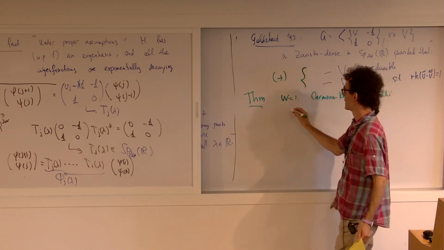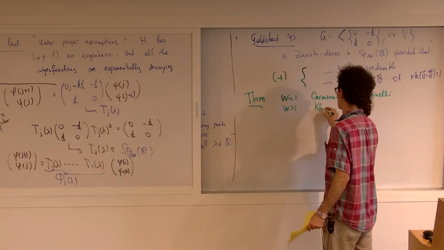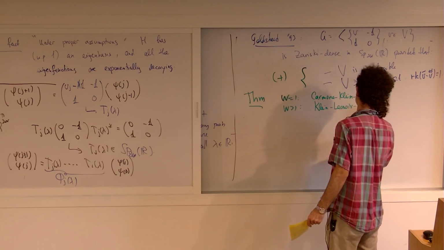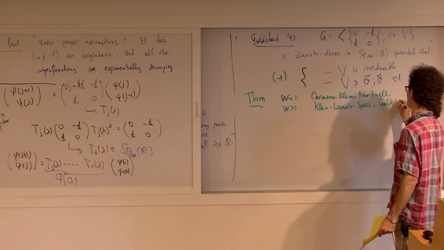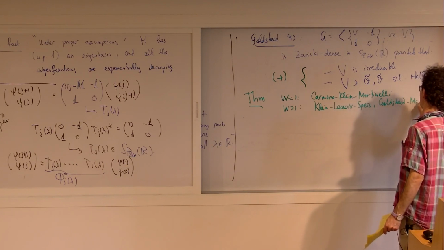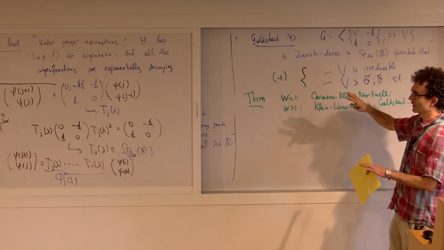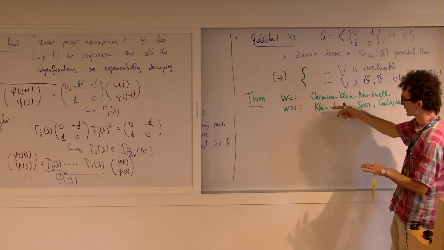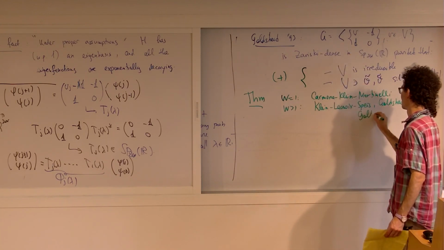The case of larger W is due to Klein, Lacroix, and Speis, and Goldscheid, Margulis. They stated it under more restrictive assumptions, so the current assumptions incorporate this result of Goldscheid's problem.